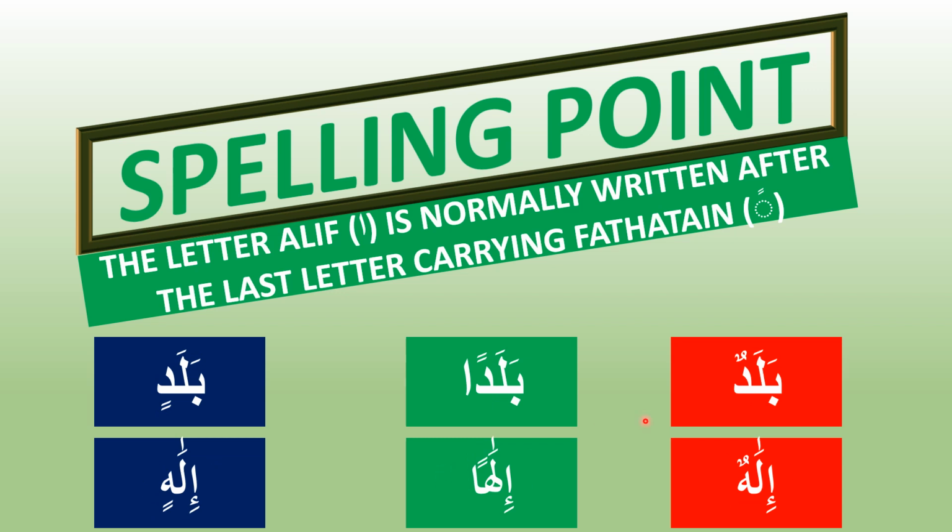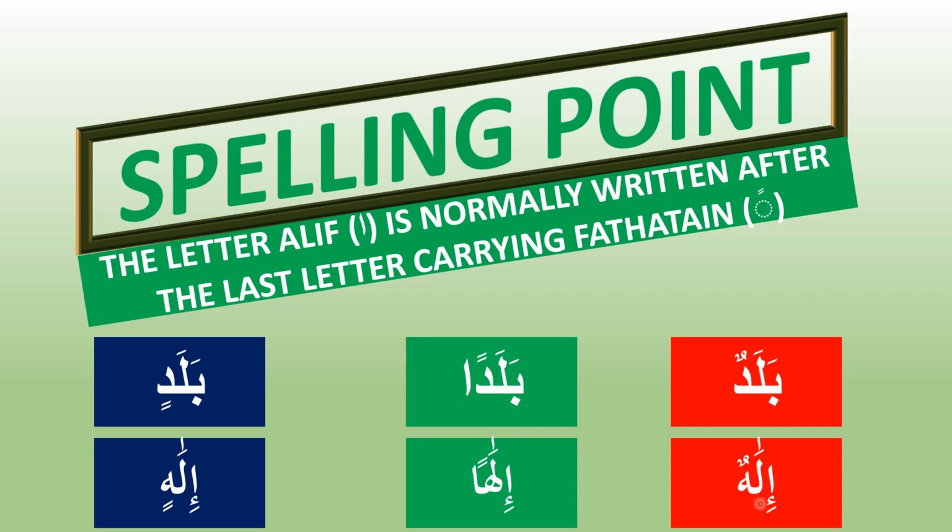Another example is baladun in red and baladin in blue. There's no fathatain on the dal, the last letter, so no alif after the letter dal. But let's go to the green. You see the dal has a fathatain, so in writing we put an alif, and now it is spelled with an alif as well.